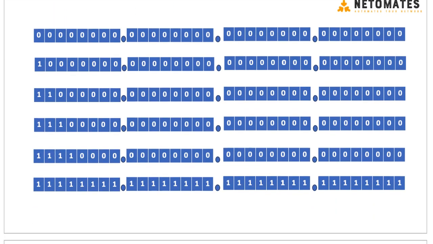So an IPv4 address has 32 bits, right? This is the first octet, 8 bits. This is the second octet, this is the third octet, and this is the fourth octet. For class A they only changed 1 bit on the left in the first octet.